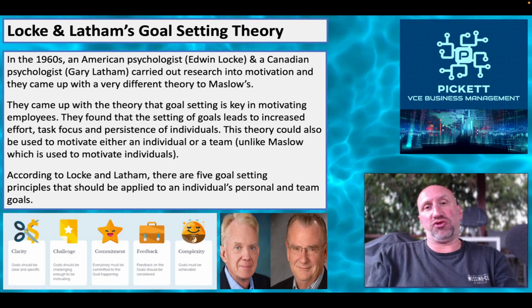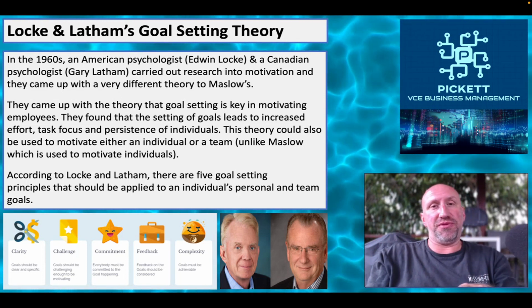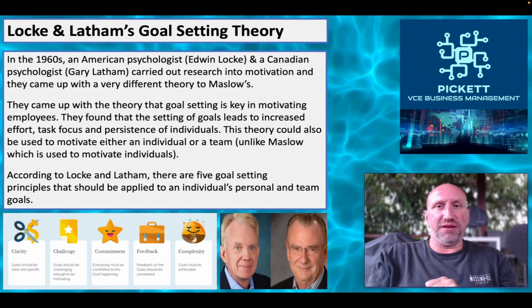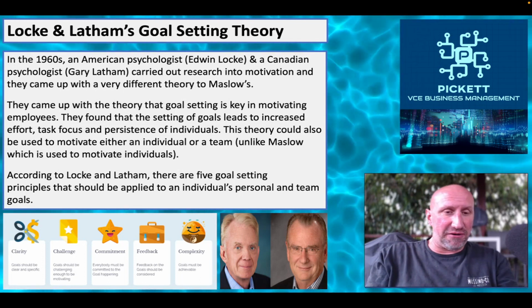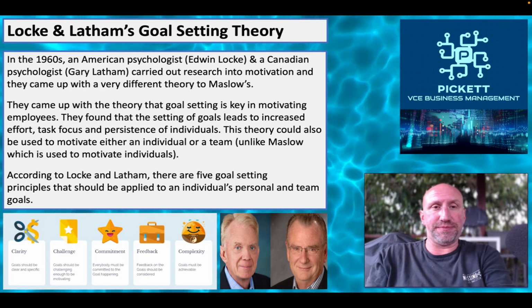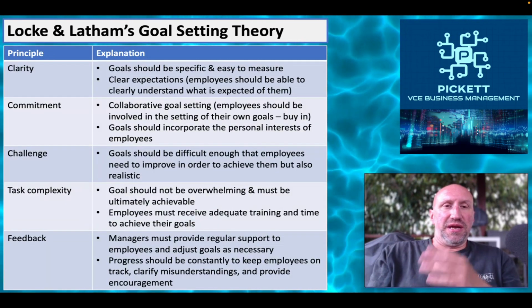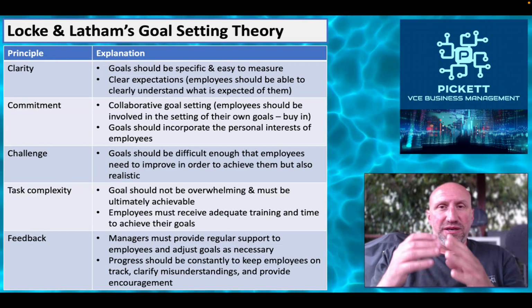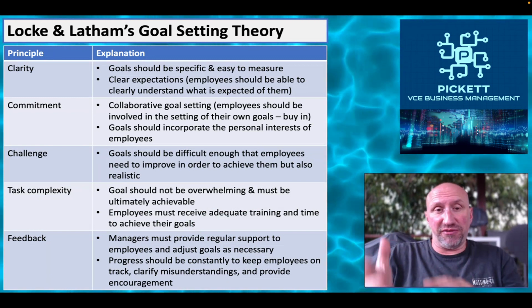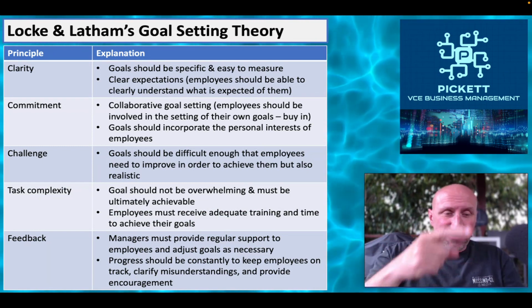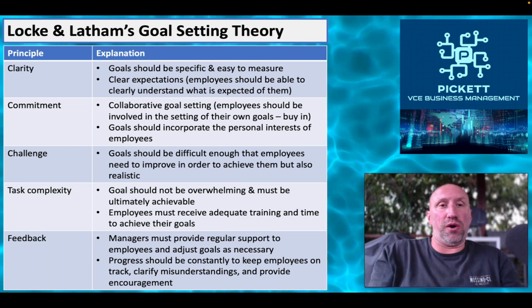And when you're describing and explaining the Locke and Latham theory, this is the focus of your explanation. You can see them down there: clarity, challenge, commitment, and so forth. So basically what they're saying is employees are motivated by the achievement of goals. We need to have these 5 things in place for this to work.